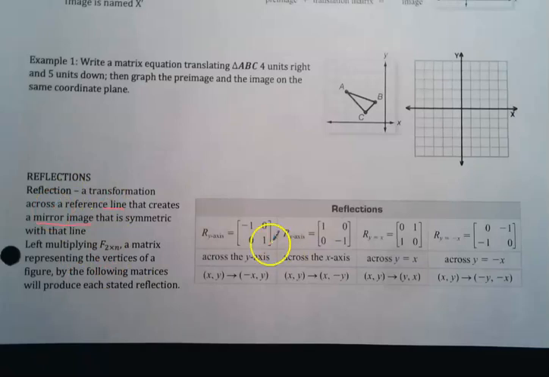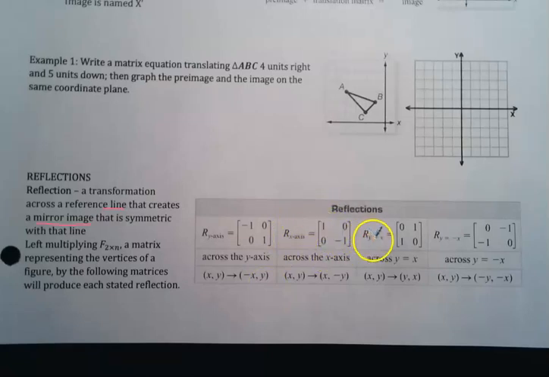So if we look at this table for reflections, we have reflection across the y-axis. It is going to be -1, 0, 0, 1. So our x, y coordinates are going to actually change to -x, y. That's the easier way to think about it, but we're going to use the matrices part. If we do a reflection across the x-axis, we're going to use this matrix.